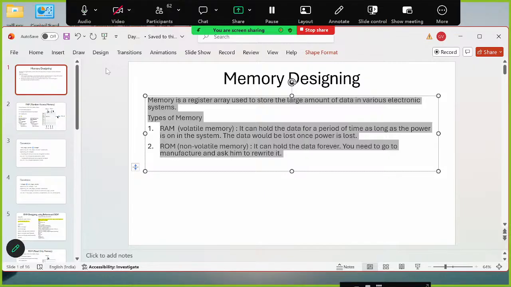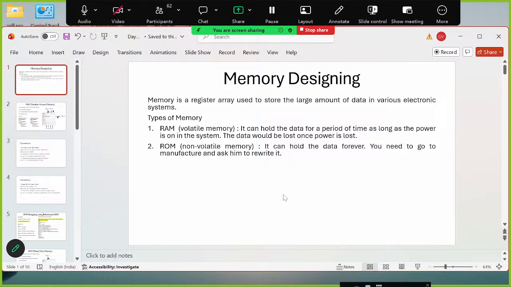As you learn more things in your BTech degree, you will be able to understand what I am teaching you today, and you will definitely understand more about this in future. And who knows, you may be able to design complex memories also if you keep on practicing and learning all these things, right?